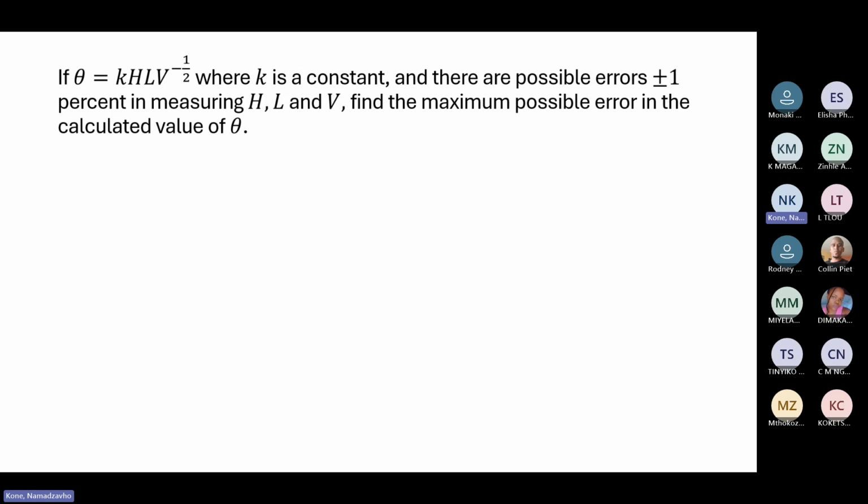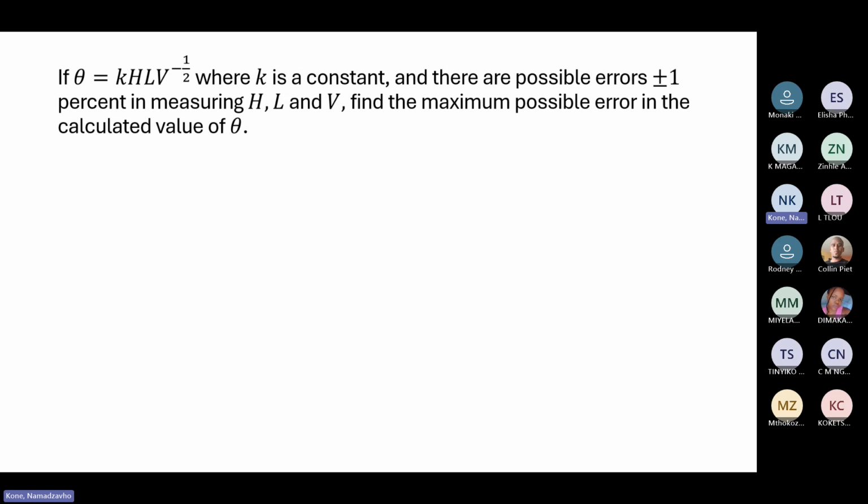So the examiner here was generous and gave you the equation in the form that you can just do whatever you have to do with it as it is. But if it was khl all over square root of v, you were supposed to manipulate a little bit before you do any differentiation. Right, now it says k is a constant, so which means that k is a number.